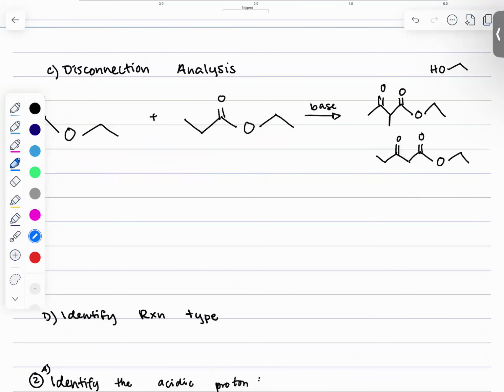And also, can you identify what kind of reaction this is? Do you guys recognize this reaction type?